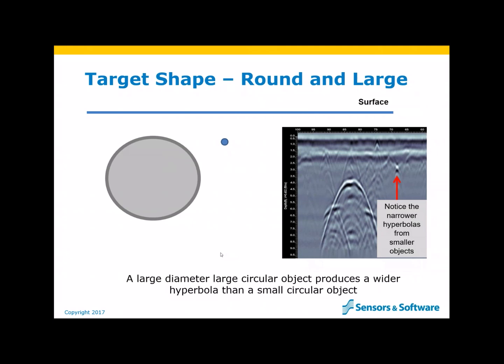When an object gets physically very large in diameter, the width of the hyperbola increases. Now, you may think that you might confuse the hyperbola from a large diameter object with an airwave. You won't. But you do need to modify how you do a hyperbola velocity calibration on a larger diameter object.